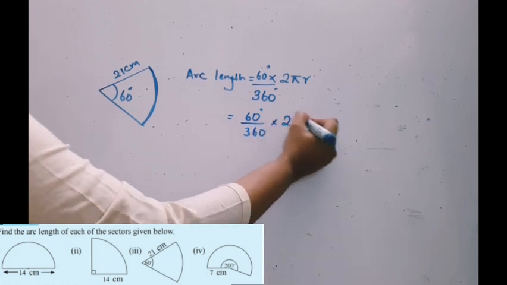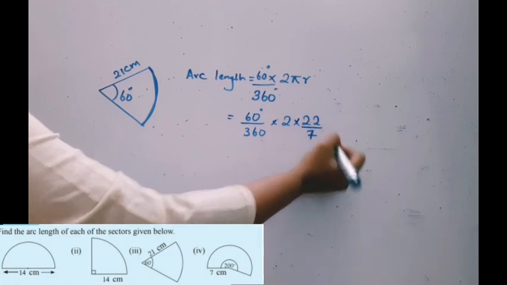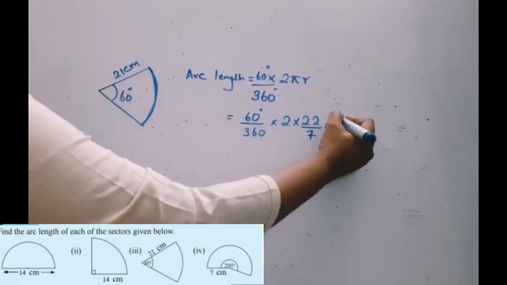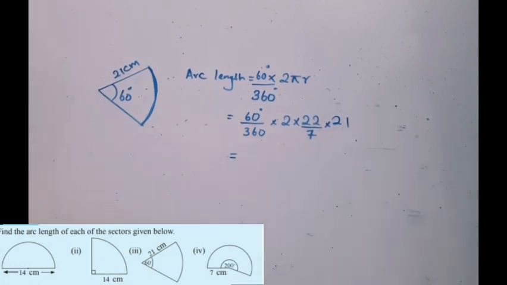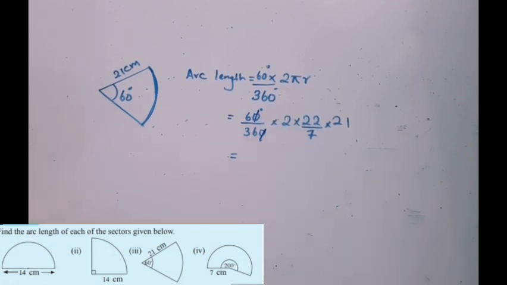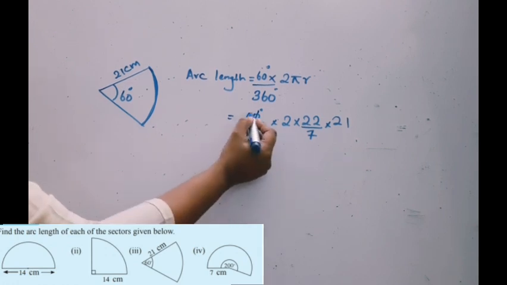So 2 into pi, 22 by 7, and the radius is 21 centimeters. You can cut off the numbers to simplify, am I right? I'm going to cut the zeros first and I can divide 36 by 6. So simplifying by 6 here.